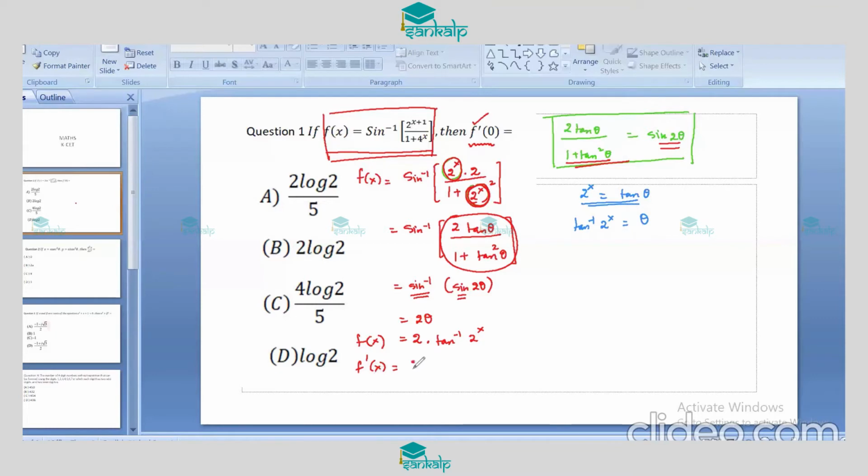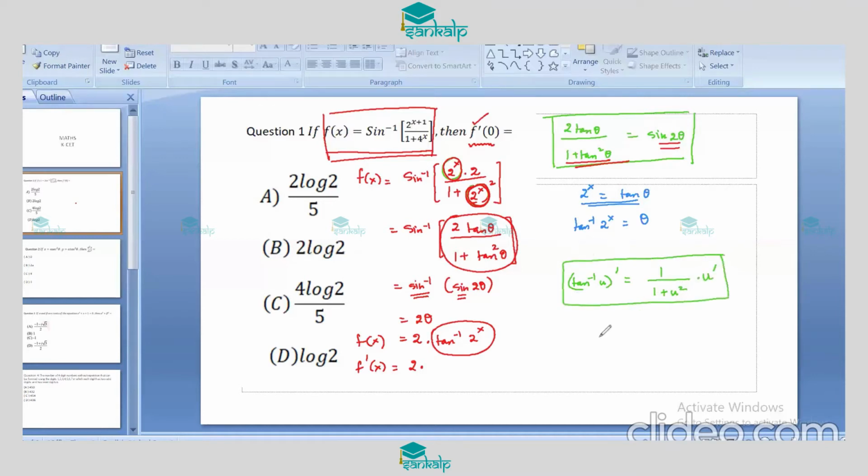So 2 is a constant. I will write same. Now here I will be using tan inverse u derivative. The formula tan inverse u derivative is 1 by 1 plus u square into u's derivative.